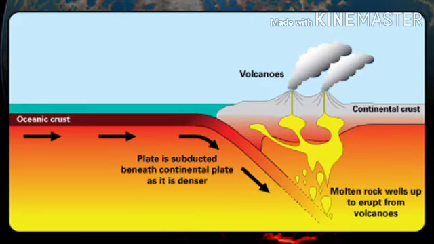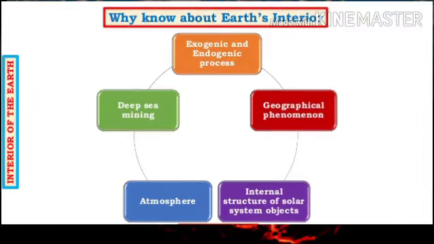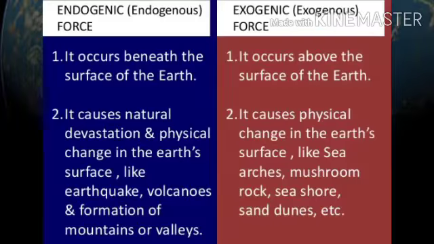Why is it important to study the interior of the Earth? The solid surface we live on is largely a product of the processes operating in the interior of the Earth. Exogenic as well as endogenic processes are constantly shaping the landscape. Human life is influenced by these processes.